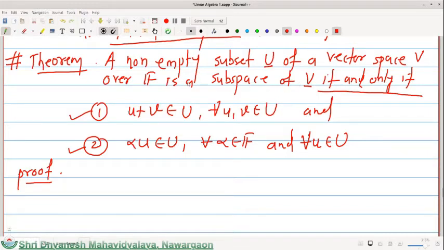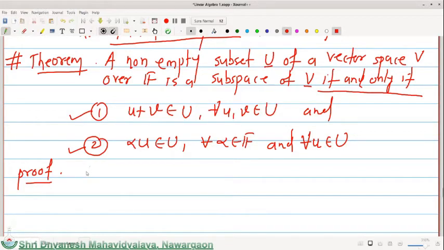In the first part we will prove these two conditions while assuming the set U as a subspace of V, and in the second part we will assume these two conditions and prove the set U is a subspace of V. So let's start.